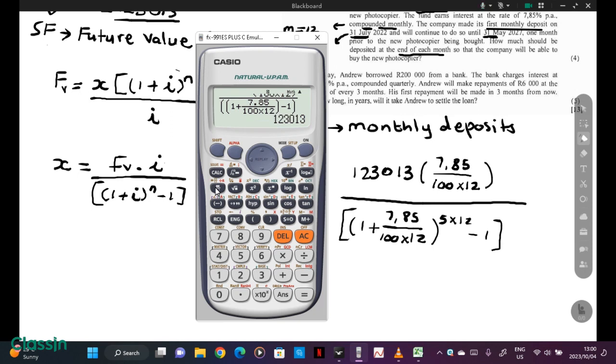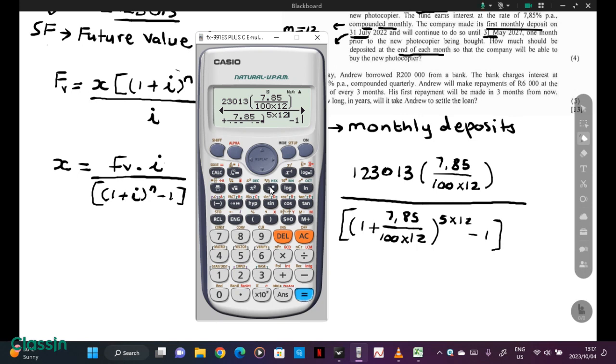Enter. Oh, sorry, I did not press the number of years there. The number of years is 5 multiplied by 12.